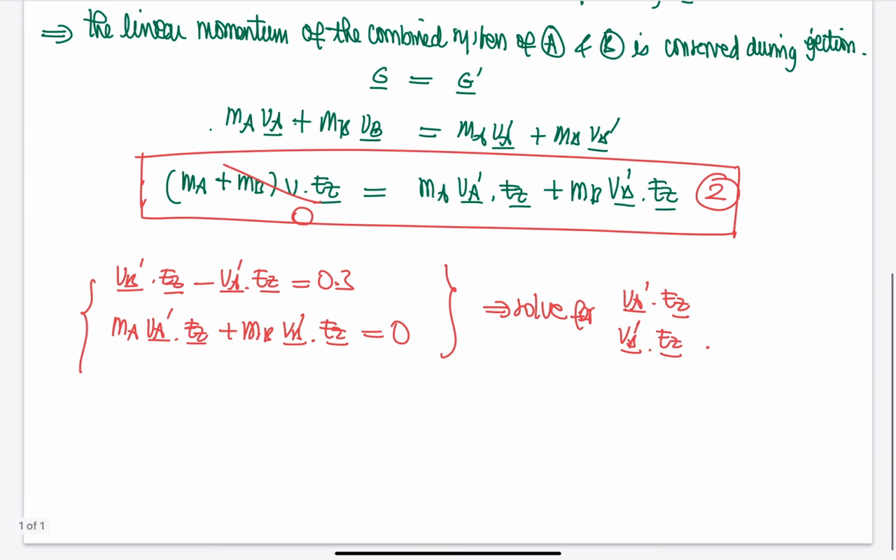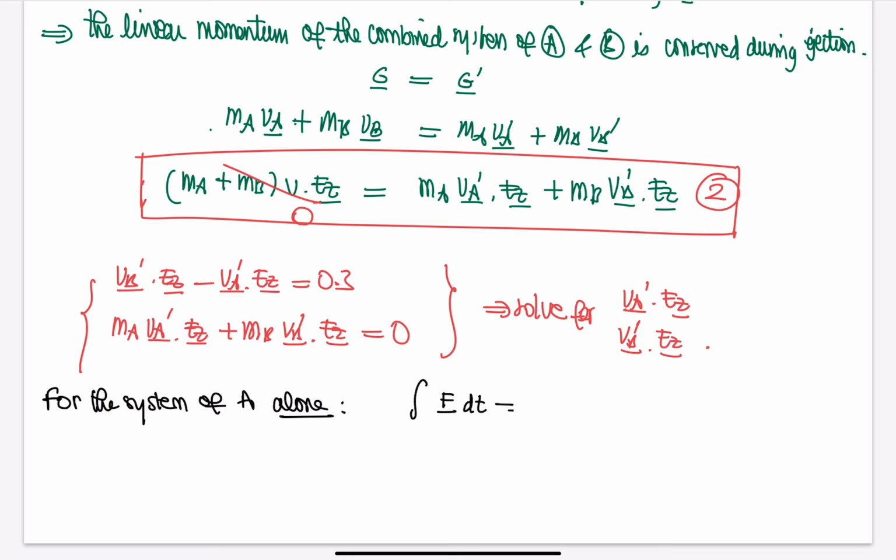So then, for the system of the satellite alone, for the system of A alone, I can write the integral of F dt is equal to... for B alone, the integral of F applied on B dt is equal to GB prime minus GB.